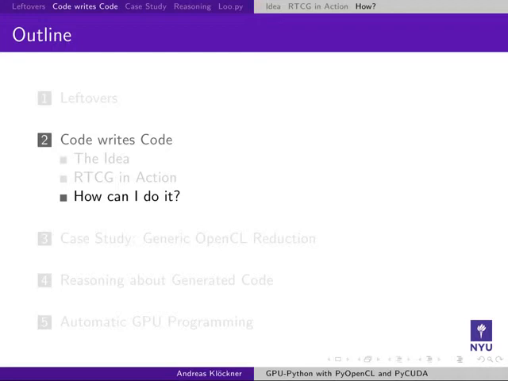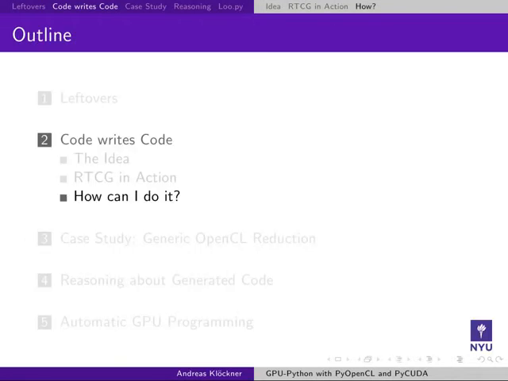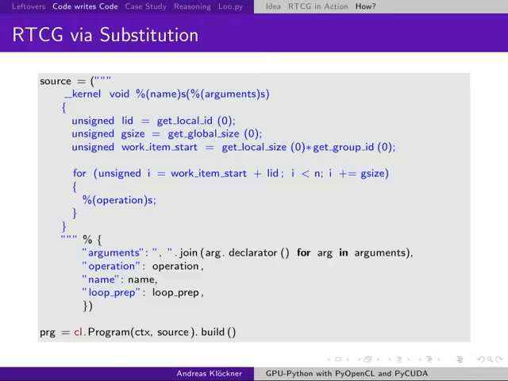Right. Now that we've seen this stuff in action and how it can be helpful, this works by having a pre-made chunk of code and then substituting this reduce and this map into the relevant portions. And we'll see that right down here in the case study for the reduction example. How can you do it? Well, if you have a chunk of code, say this little kernel here, this is actually part of what goes into this ElementwiseKernel.